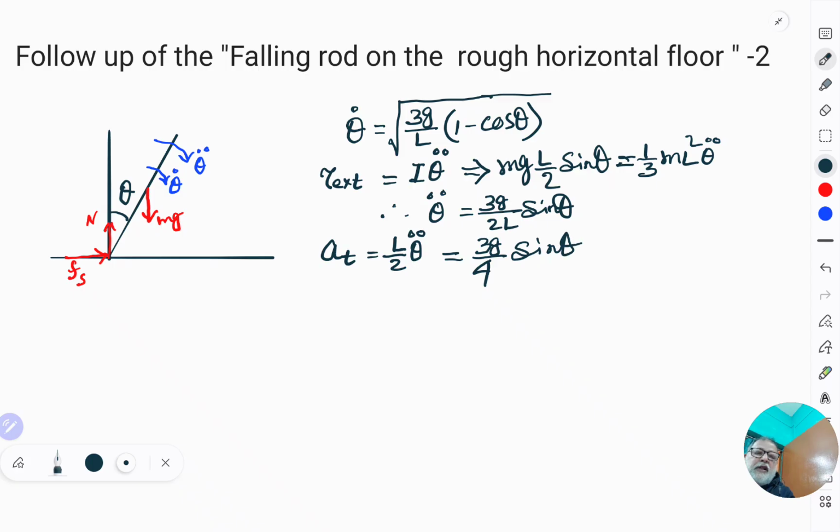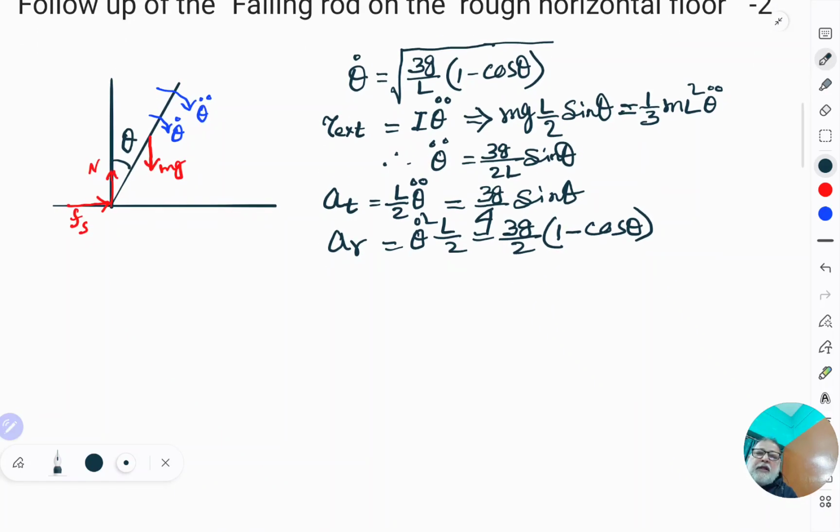This is tangential acceleration, and radial acceleration AR will be theta dot square L by 2, and that gives us AR is equal to 3g by 2 into 1 minus cos theta. These are the accelerations we need to find the normal reaction.